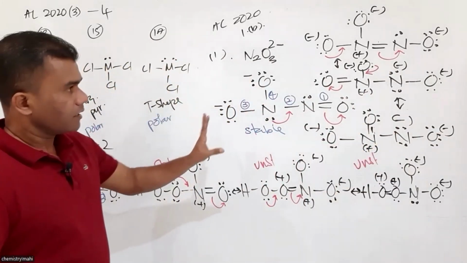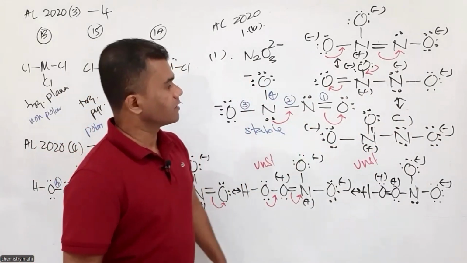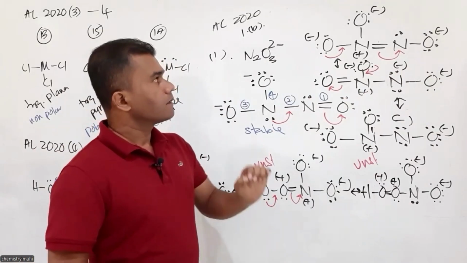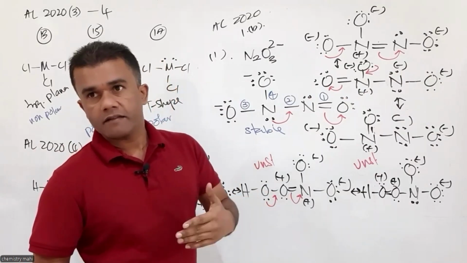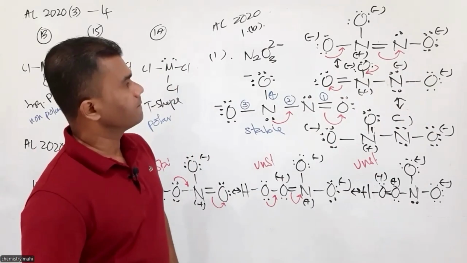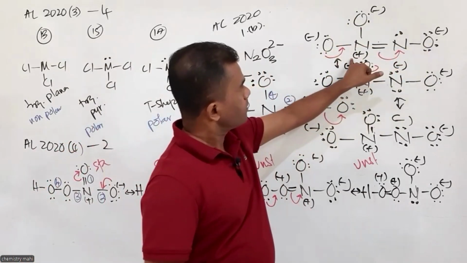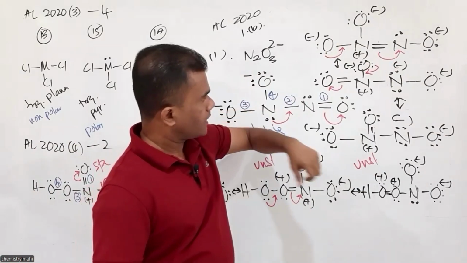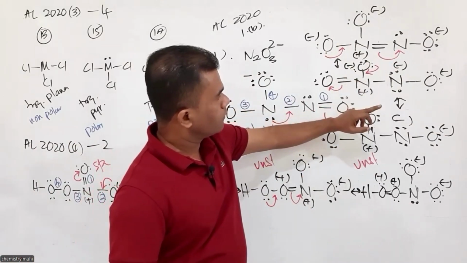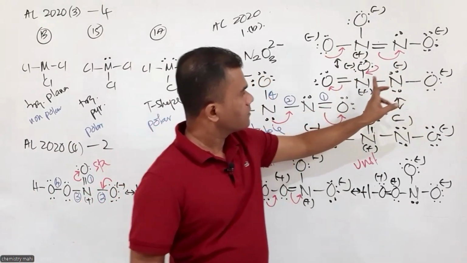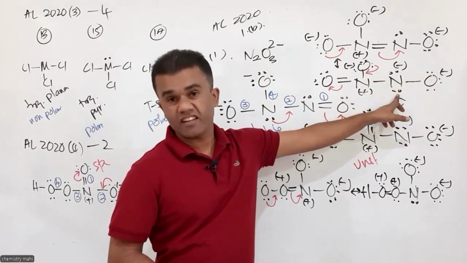Definitely they are maybe unstable, maybe less stable, but we have to find out which ones are less stable and which are unstable. So which one? Negative oxygen, plus on nitrogen, okay. And negative oxygen, plus nitrogen, minus nitrogen.